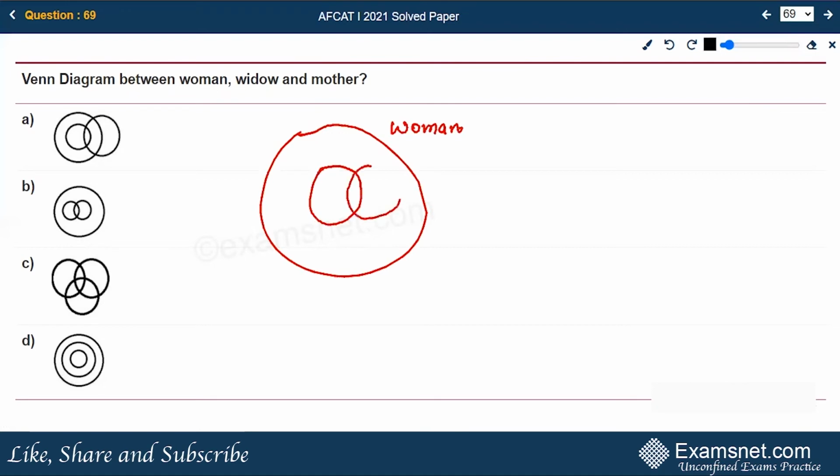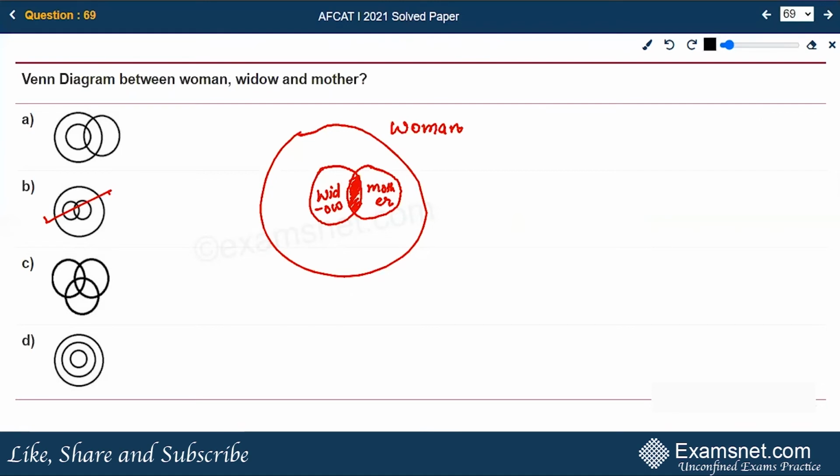A woman can be a mother. This region represents the women who are both widow and mother. This region represents the women who are widow only, and this one represents who are mother. So, seeing that, you can easily see option B is the correct answer to the given question.